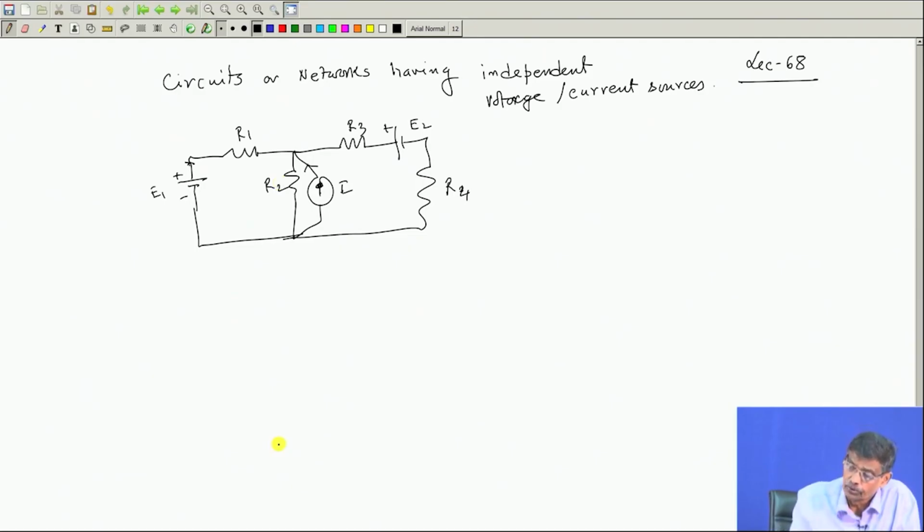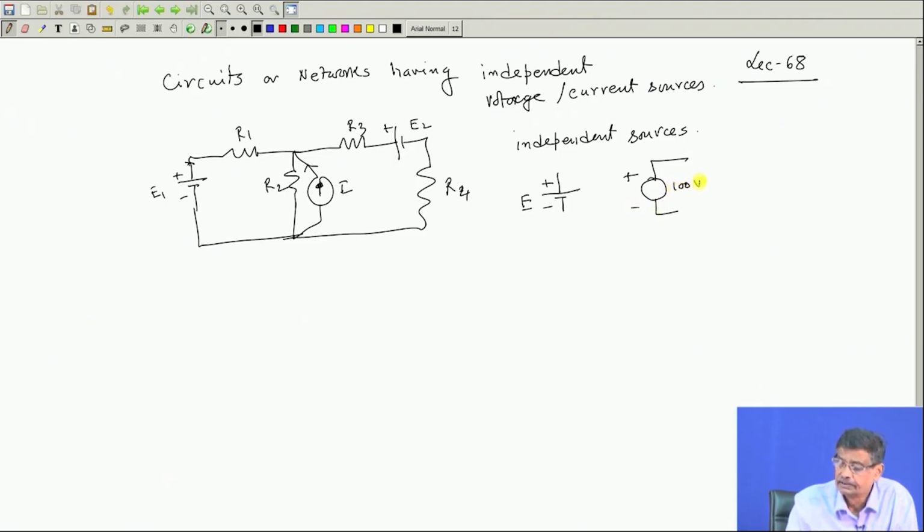Independent sources are generally drawn in the circuit with these symbols. They can be AC, DC, whatever. If it is a small battery, it will be shown like this, E, independent source, or a big DC supply is generally shown by a circle, say 100 volt DC.